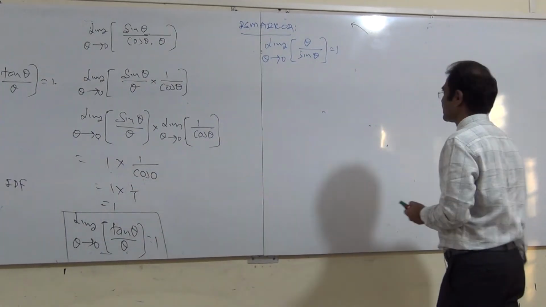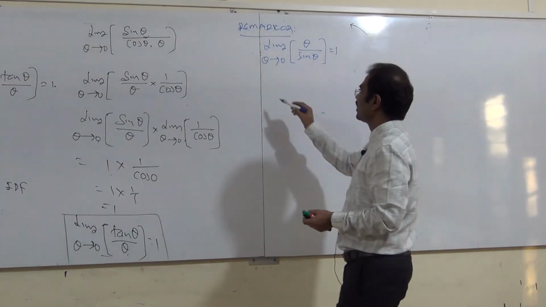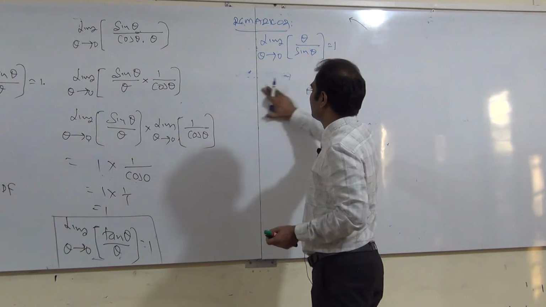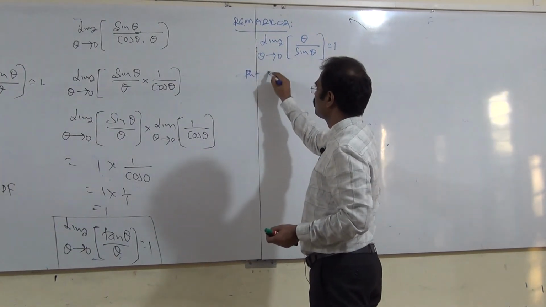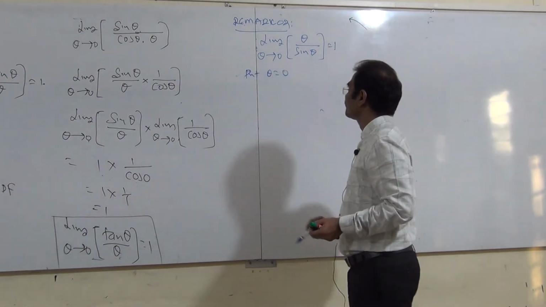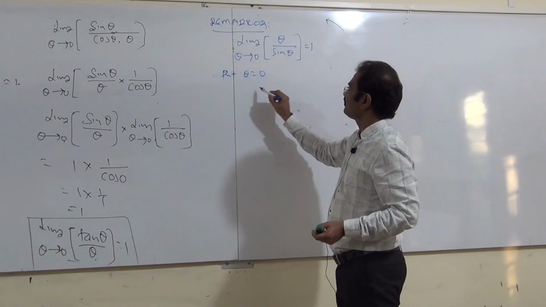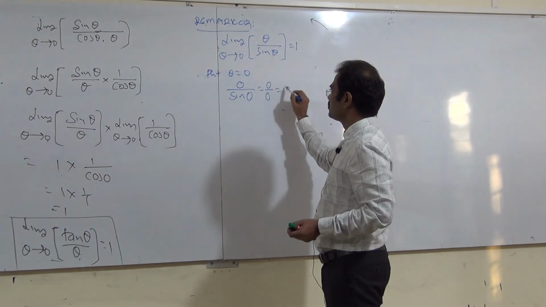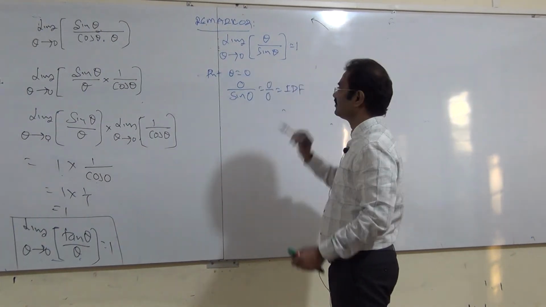This is the second remark. First we put theta equal to 0. What happens? 0 divided by sin 0, 0 by 0, therefore it is indeterminate.